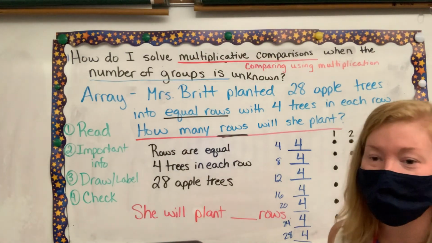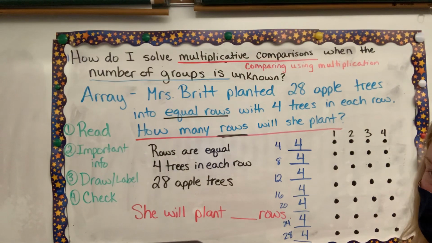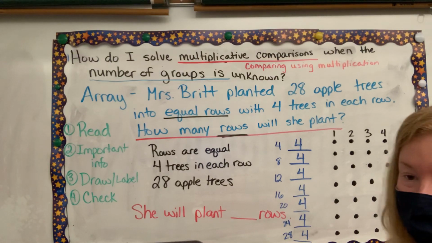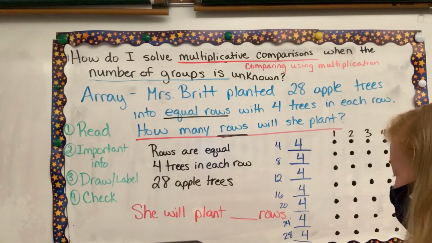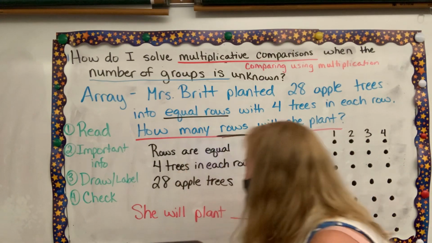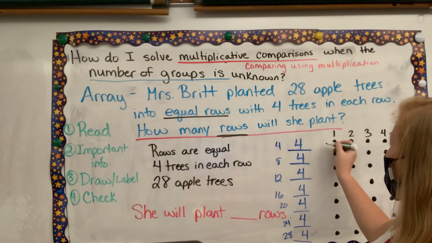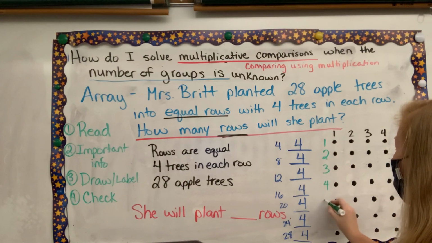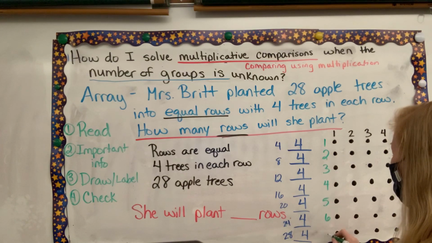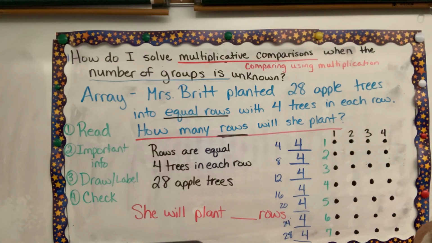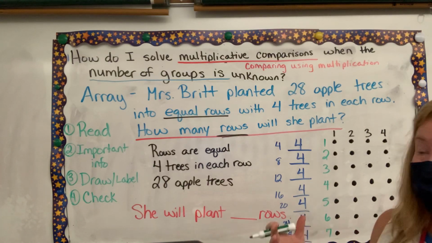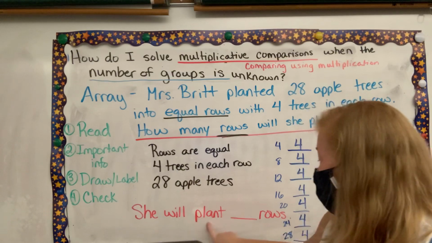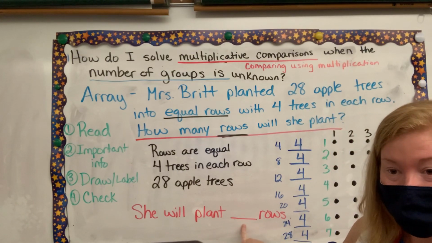Count carefully. It is not 8, so do not put up 8 fingers. Perfect. I have 7 rows. Row 1, row 2, row 3, row 4, row 5, row 6, row 7. So, she will plant how many rows?